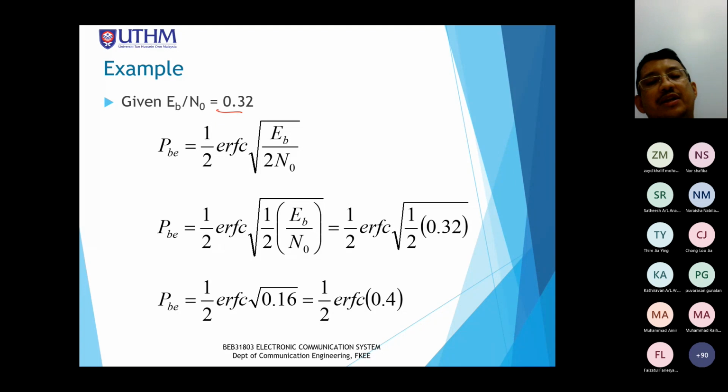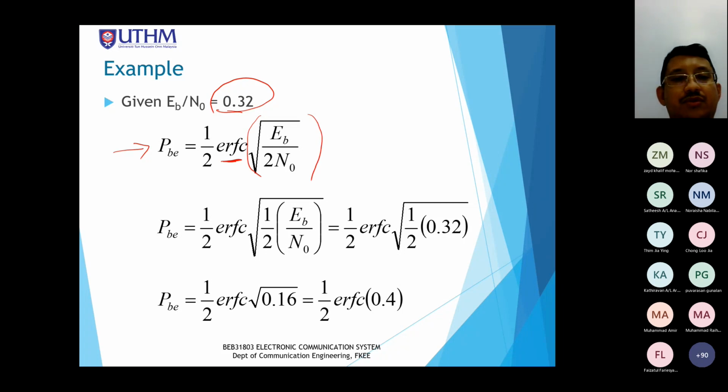Find the probability of bit error if we are using coherent detection at the receiver, given EB over N0 is 0.32. How much is the probability of bit error? It is equal to 1 over 2 complementary error function of square root of EB over 2N0.